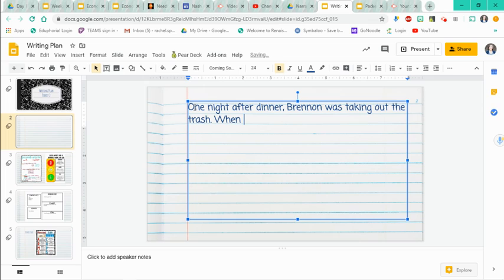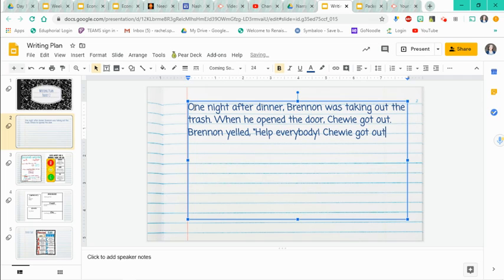When he opened the door, Chewy got out. Brennan yelled, "Help, everybody. Chewy got out."